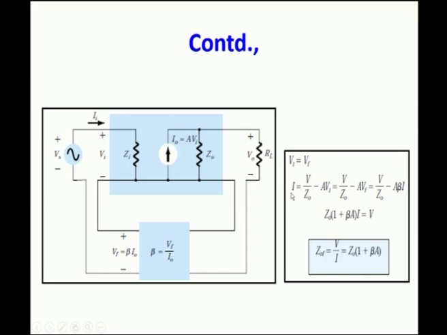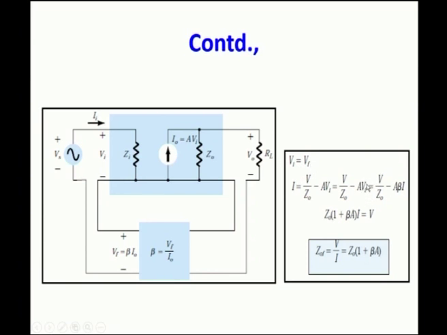That current is given as I is equal to V by Z naught minus A Vi. So, this is the output current and this is in opposite to the output current. So, it is minus A Vi. V by Z naught minus A Vi, that can be equated to, we know that Vi is Vf.